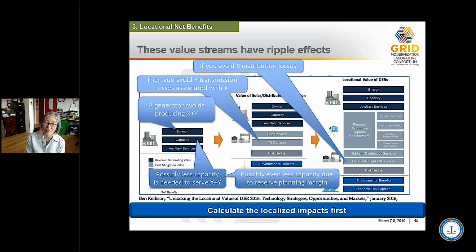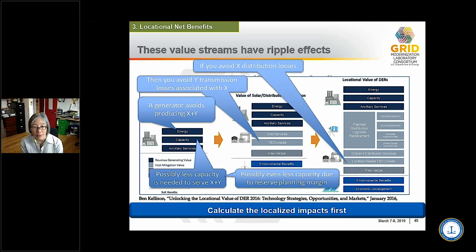And then a generator avoids producing energy plus the transmission and distribution losses. And maybe you need less capacity to serve that. And it's not just the capacity, depending on how your rules for planning reserve margin are. It might be another 15% less capacity because, let's say, you've got a 15% planning reserve margin. So all this is to say, it gets a lot more complicated, and you need to be aware of these ripple effects.